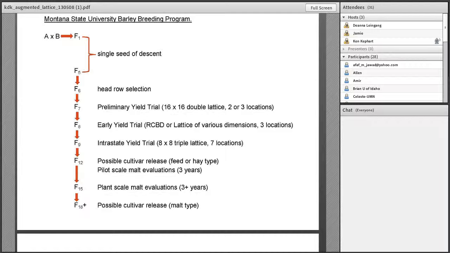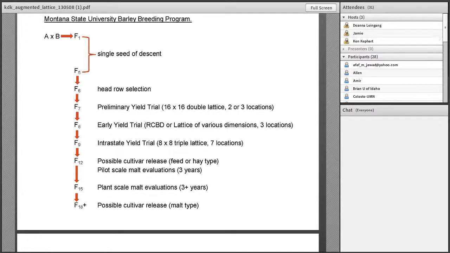For instance, this preliminary yield trial is the first time that we are looking at his material in any sort of replicated form in the field. That's a 16 by 16 double lattice, so each of the replicates contains 256 plots.